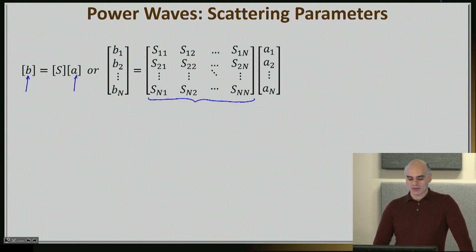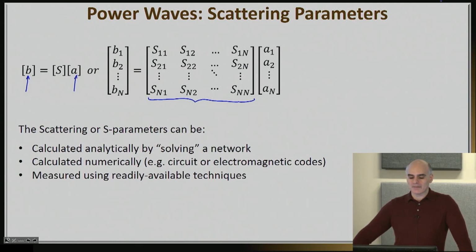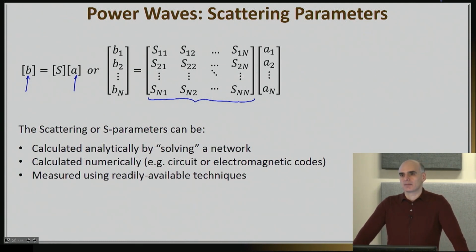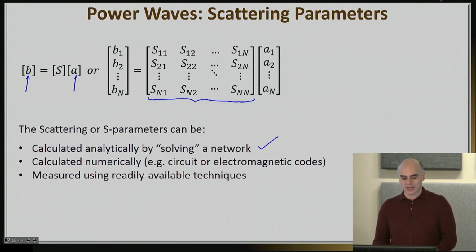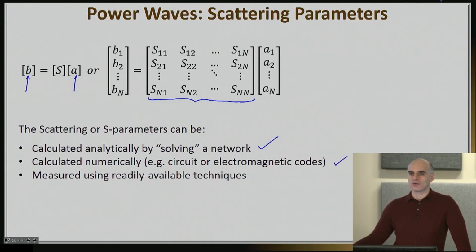So you might ask the question now, how can we get those S parameters? Those S parameters can be calculated analytically, and we will spend some time doing that. I'll show you a few different examples of how we can do this. They can also be calculated numerically by using any of the advanced numerical codes.